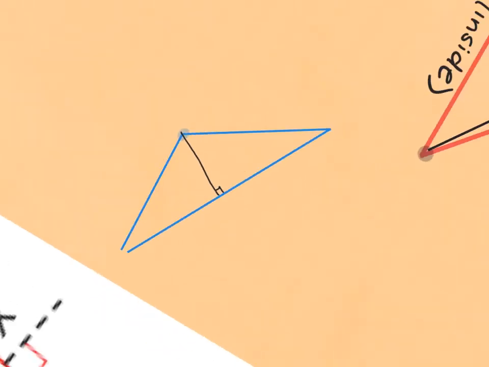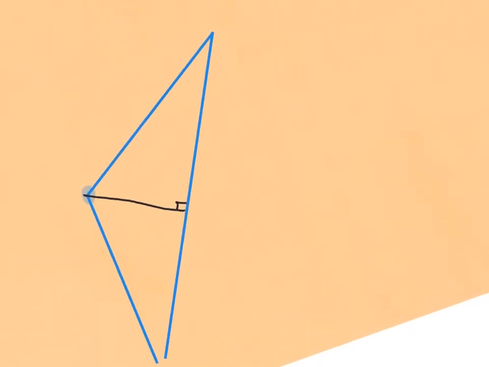Now when I rotate it so that this is at the top, now I want to connect from this point to the opposite side, but I want it to be a right angle. So if I take this line, no matter where it hits that blue line, it's not a right angle.